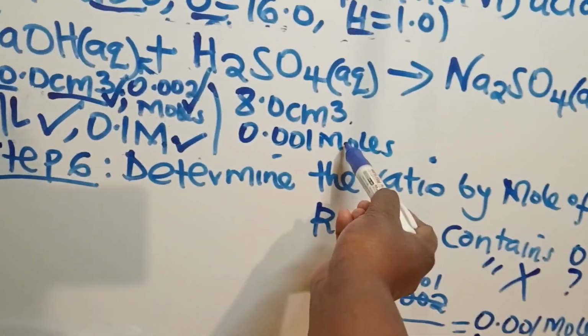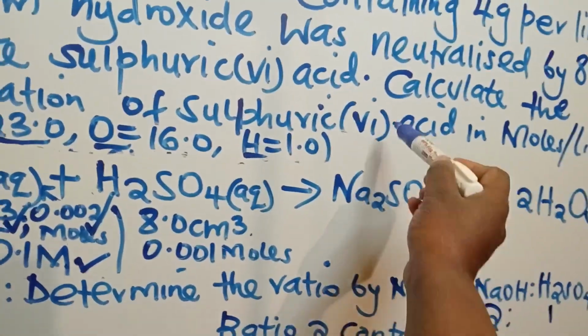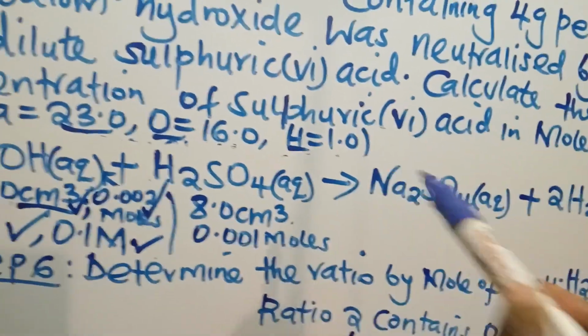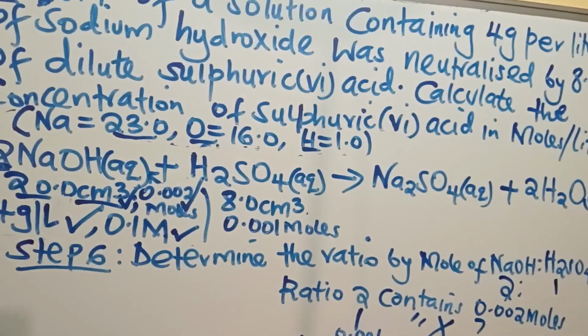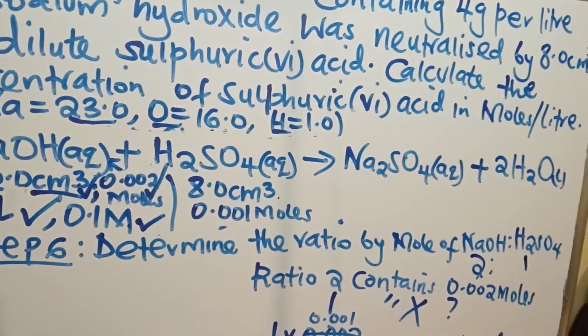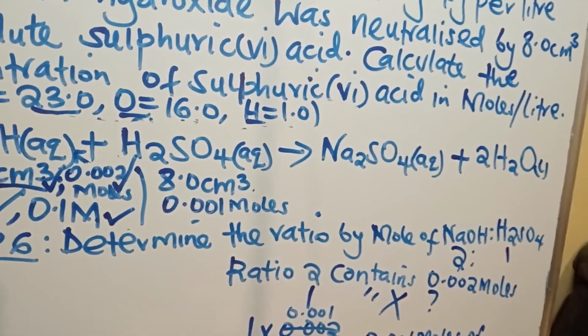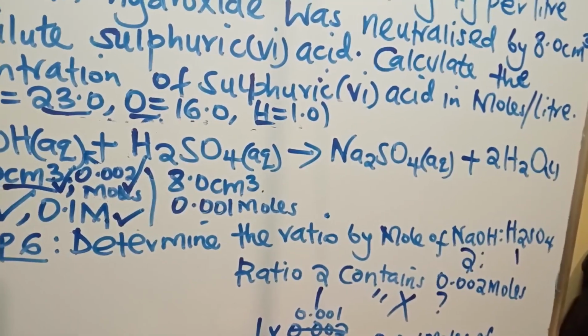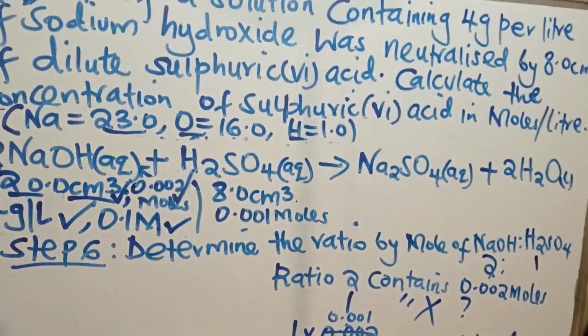So these are the two values that will take us to whatever the question was all about, calculating the concentration of sulfuric acid in moles per liter, which I said also refers to molarity. So we now go to step 7.